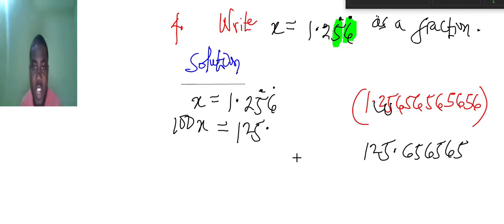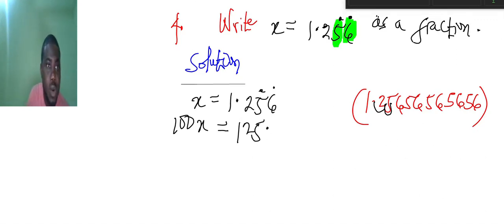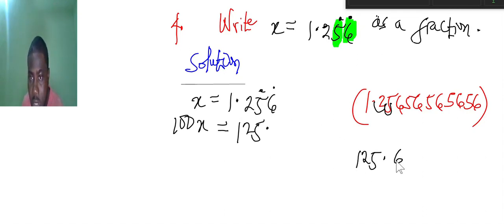At this point, we need to be very careful so we'll be able to get the actual recurrence. When we multiply by 100, we have 125.656565.